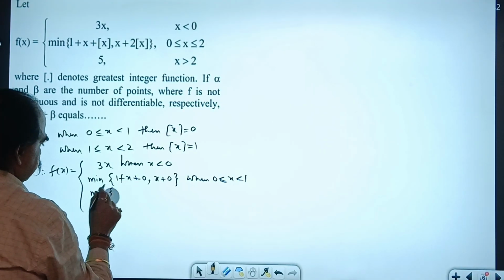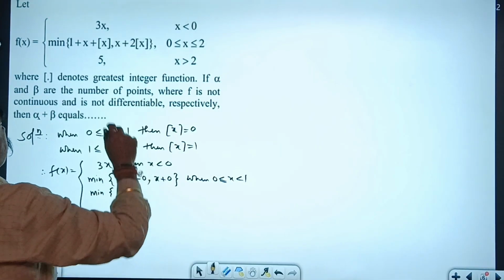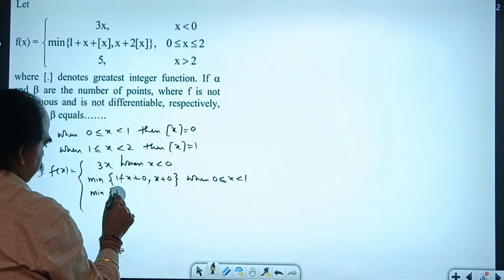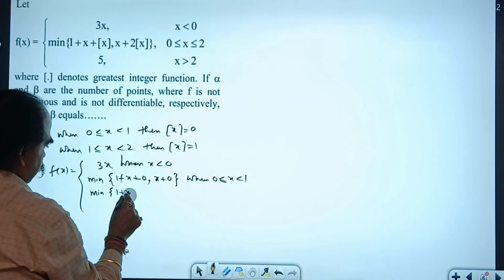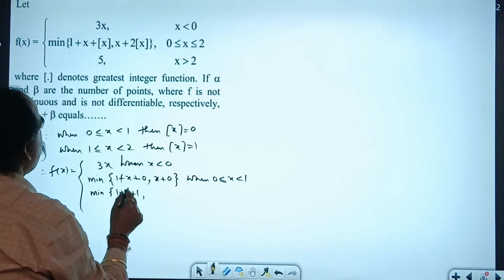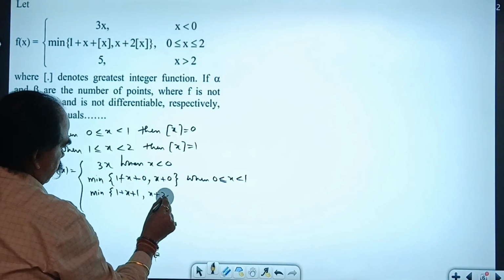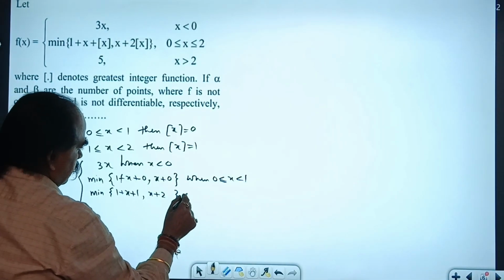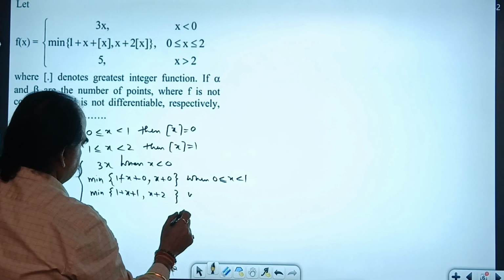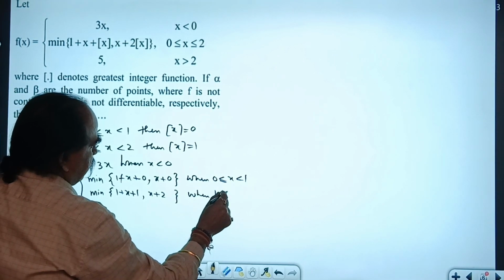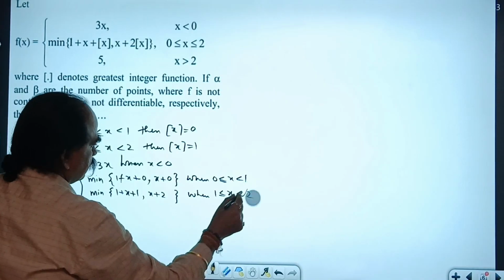Or minimum between 1 plus x plus 1, comma, x plus 2, when 1 less than or equal to x less than 2.